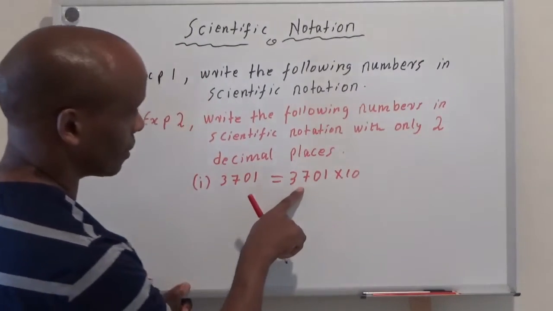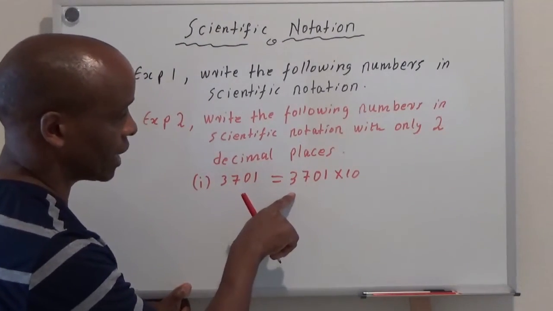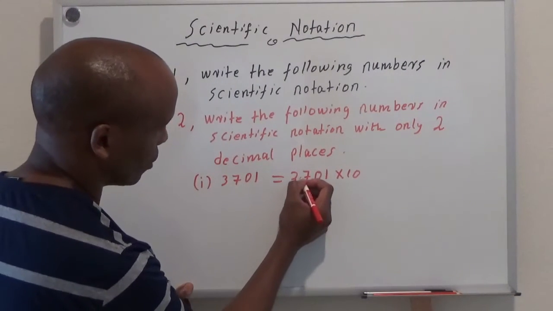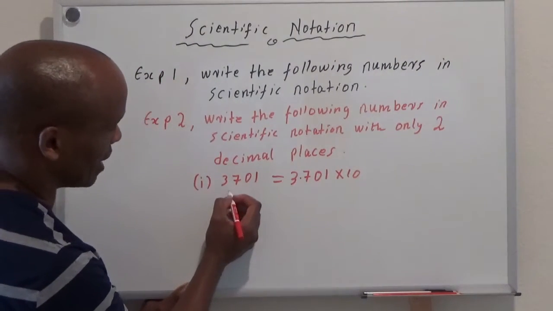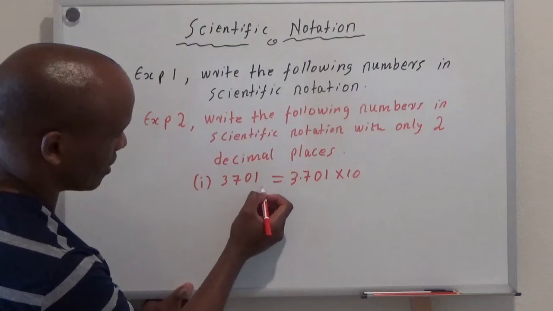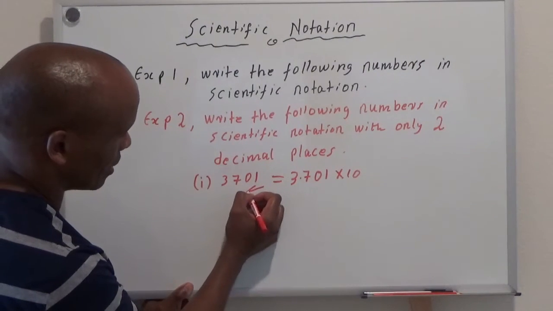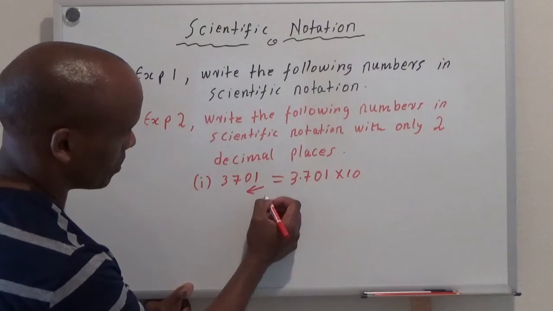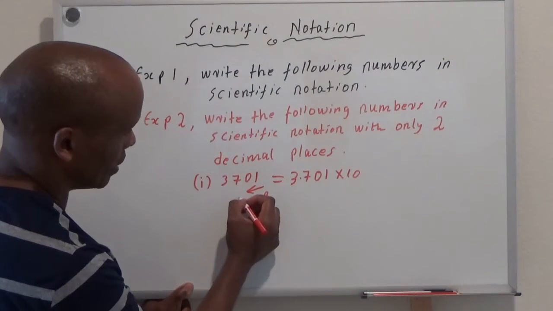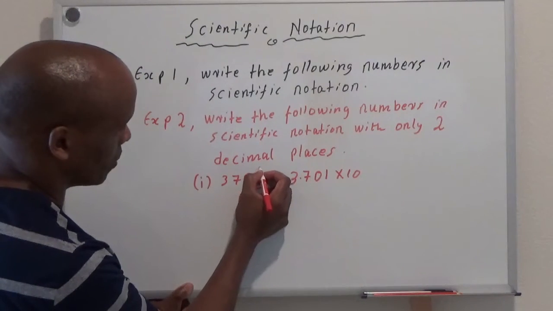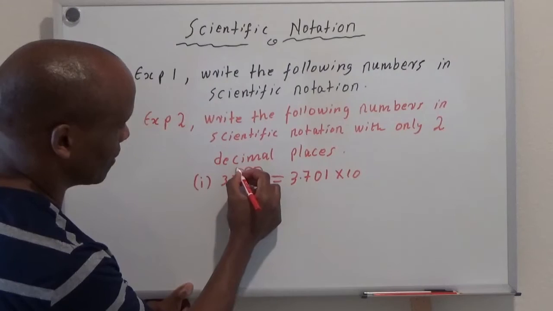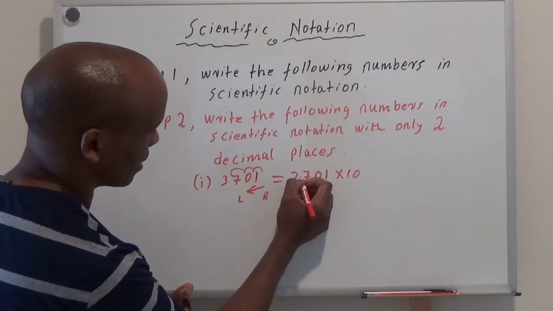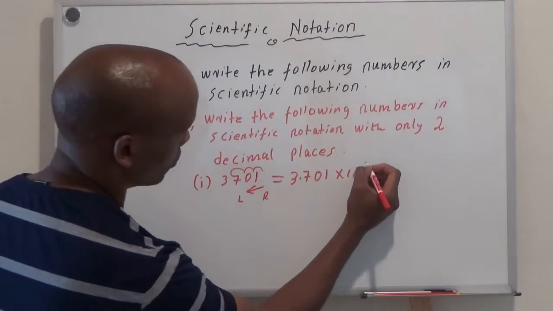Look for the number between 1 and 10, so the decimal point can only go there. But how many decimal places did I move? I moved from right to left, so I go 1, 2, 3. I moved 3 decimal places, so it's 3.